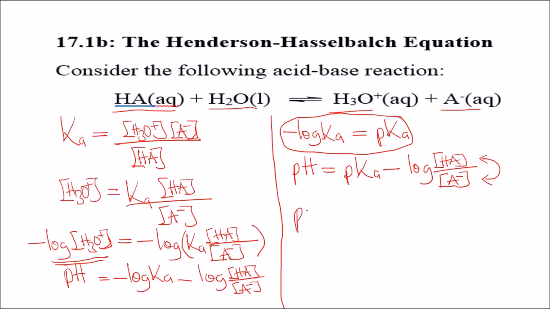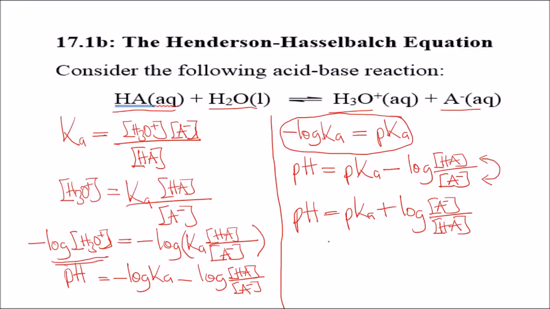So we are going to say pH is equal to pKa plus log A minus divided by HA. So take note that the plus here has come because we have flipped these two inside the logarithm.